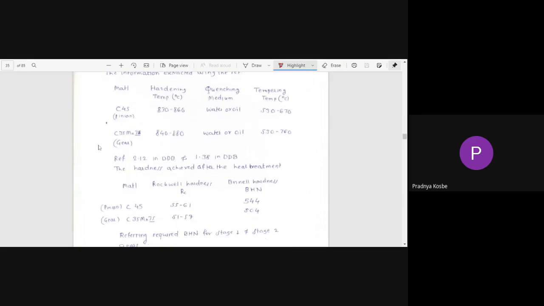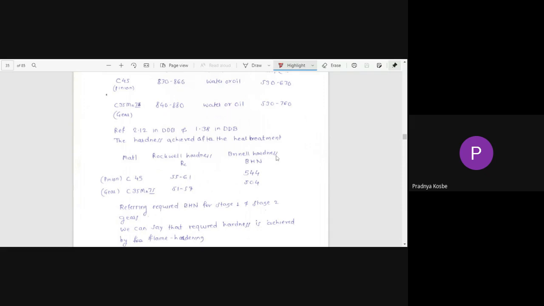Then for the gear material, C35 Mn75, the hardening temperature is 840 degrees Celsius to 880 degrees Celsius. Again, the quenching medium is water or oil, and the tempering temperature is 530 degrees Celsius to 760 degrees Celsius.